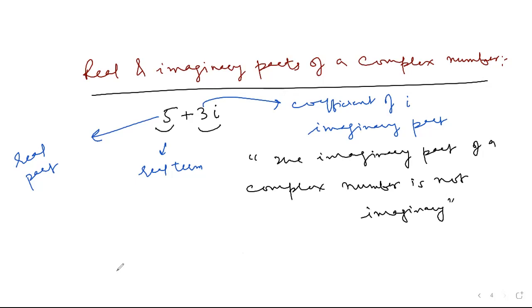Now, either the real part or the imaginary part of a complex number may be 0.